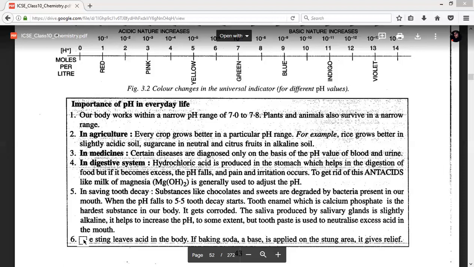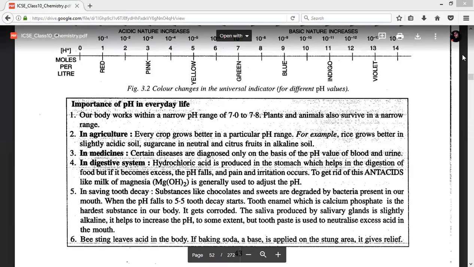Next point, the bee sting. Sometimes a bee sting leaves acid in the body. If we rub it with any basic compound like baking soda, it will give you relief, because acid plus base gives salt and water, and by this you will get relief.